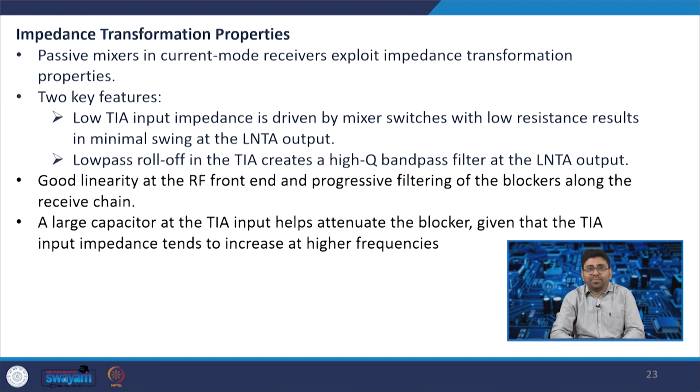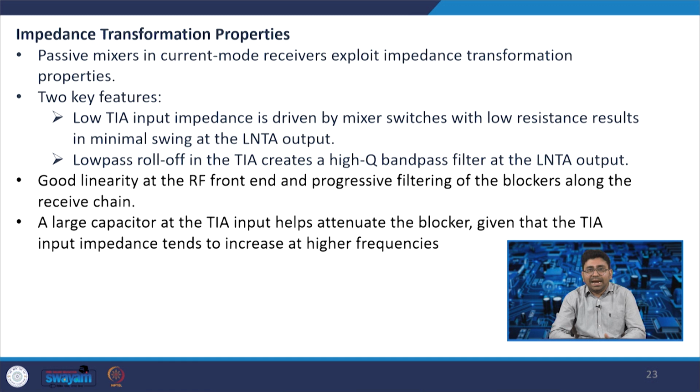And the low pass roll off in the TIA creates a high Q band pass filter at the LNTA output. That will provide a very high Q band pass filter, which is not possible using normal inductor based or any other active based filters.